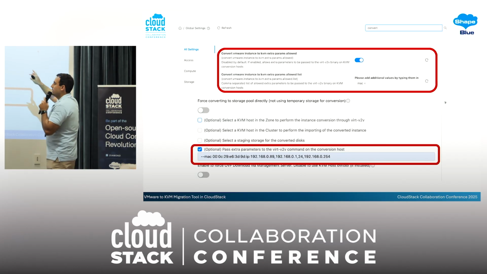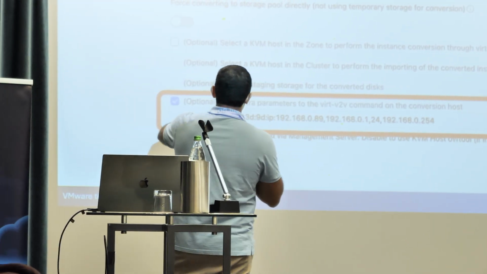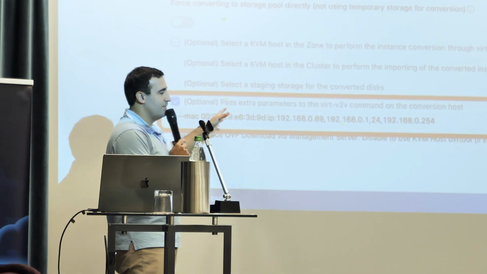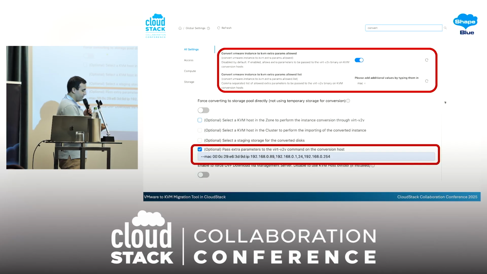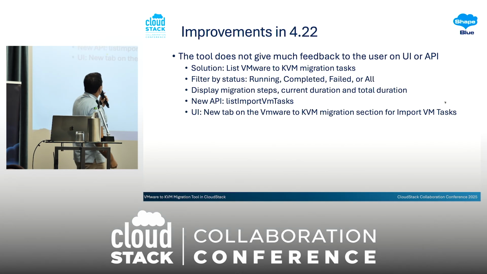Once that happens, CloudStack will display this new toggle here, and then the administrator can pass extra parameters, and those will be passed directly to the Virt-V2V binary. What else?